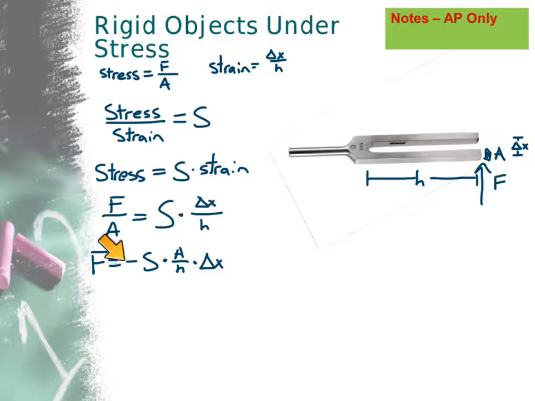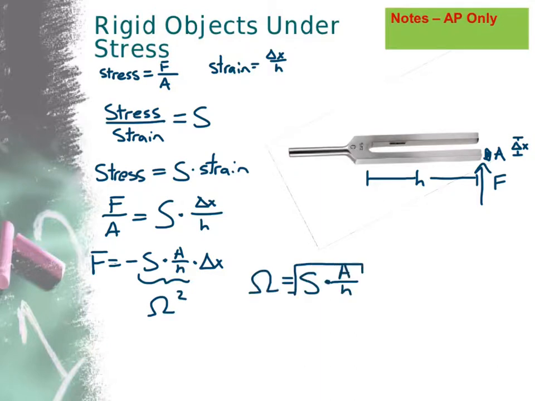Actually, I should have put a minus sign in front of here. You could imagine that if this thing moves up, the force from the material itself is going to want it to come back to its original position. So there should be a negative sign in front of there. Now this is looking a lot like our spring equation, isn't it?